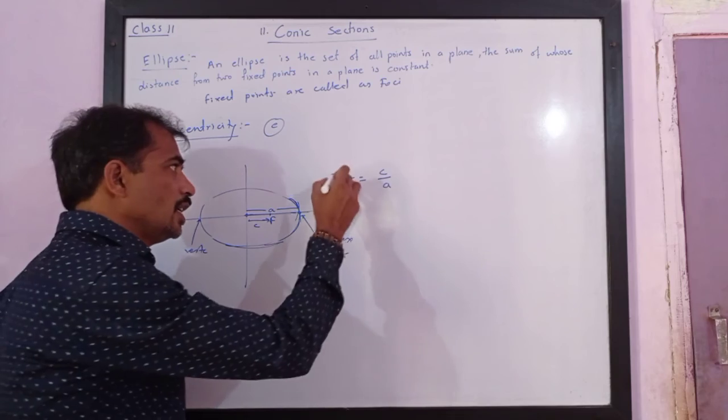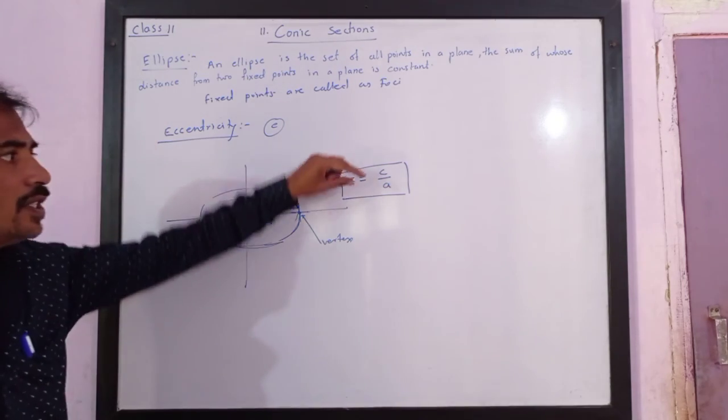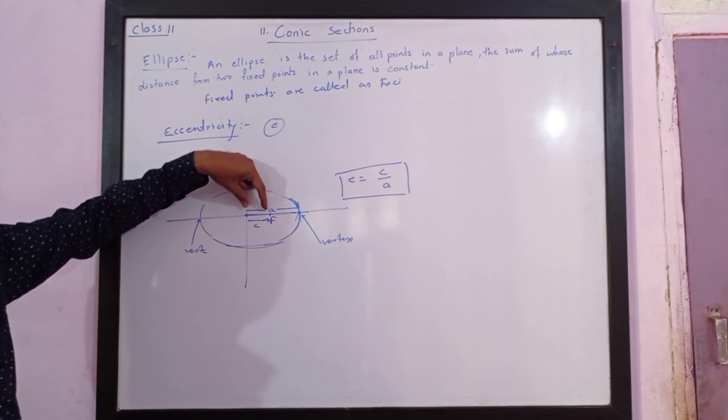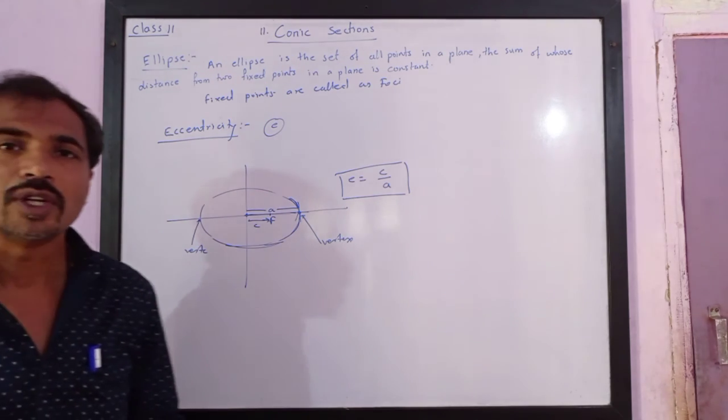If this is the focus, then this distance is C, and A is the total distance. So E is equal to C upon A, where C is the distance of the focus from the origin and A is the distance of the vertex from the origin.